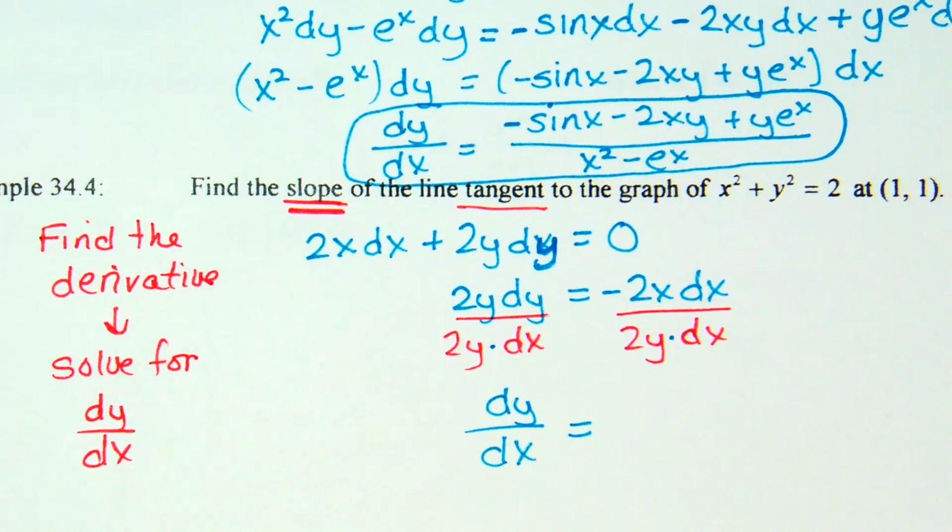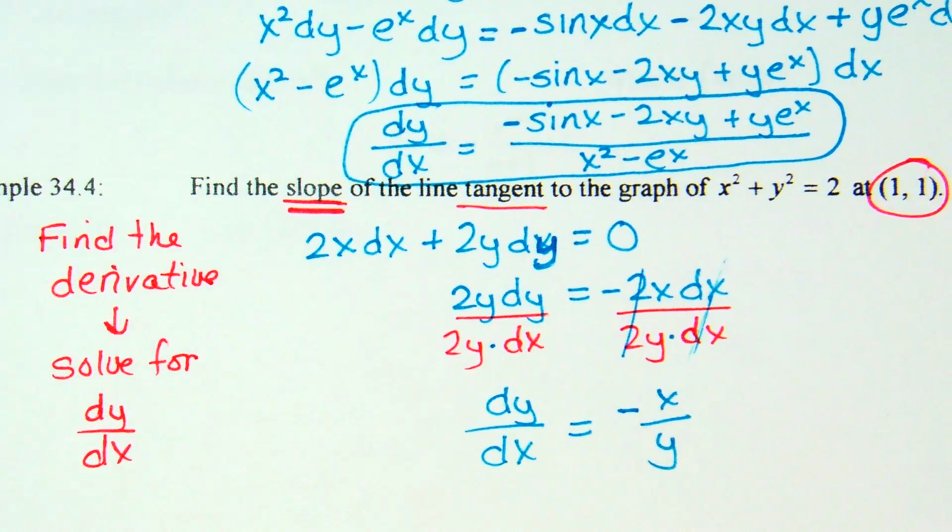Okay. We have found the slope of the tangent line. Specifically, what did they ask me to do? The slope of the tangent line at 1, 1. What's that mean I do? I just plug in the x. Yeah, 1, 1 is x, y values, yes? We have dy/dx equals negative x over y.